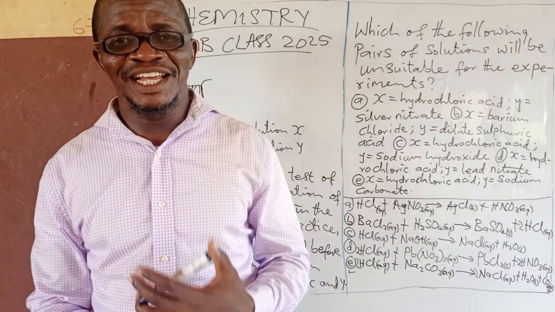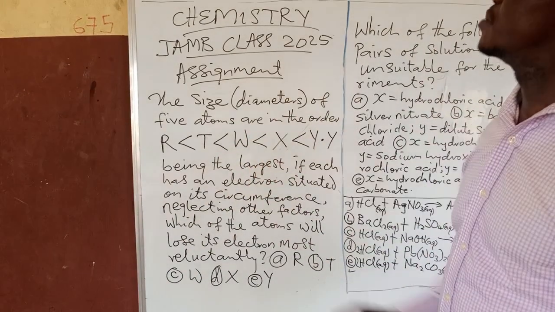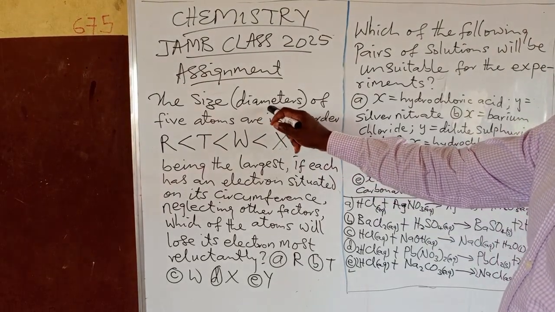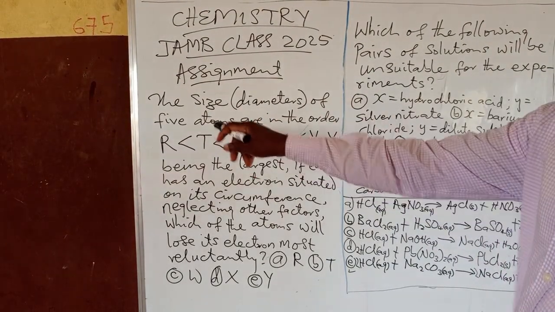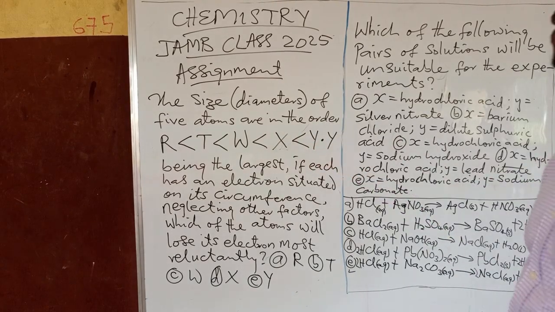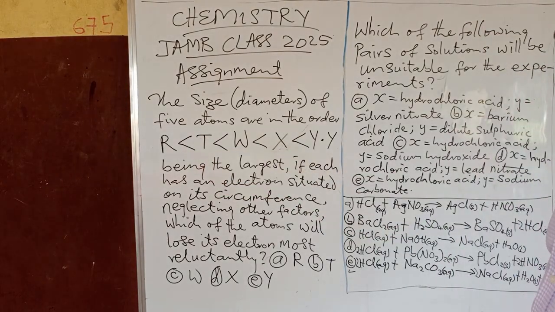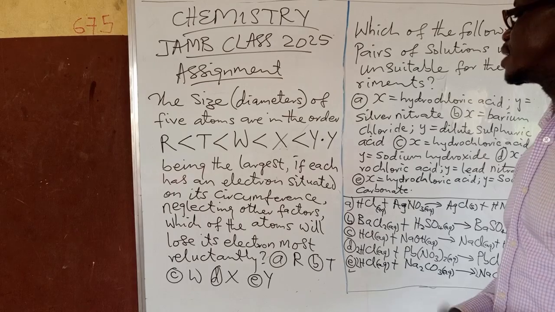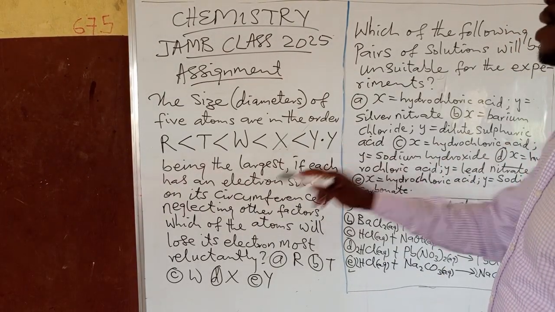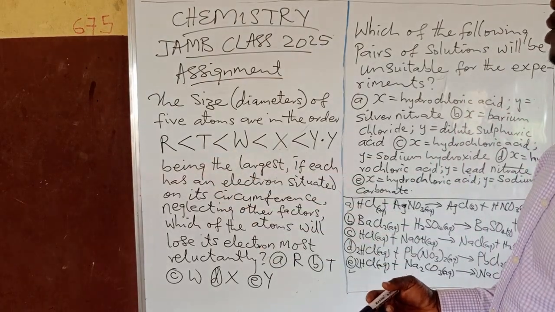So I believe you enjoyed this lecture. Let me give you something to do. Okay, now let's see the assignment. The sizes, in brackets diameters, of 5 atoms are in the order R less than T less than W less than X less than Y. Y being the largest, that means R is the smallest.